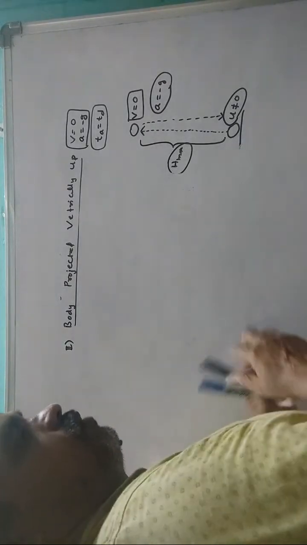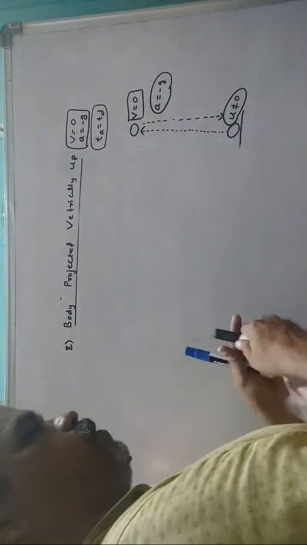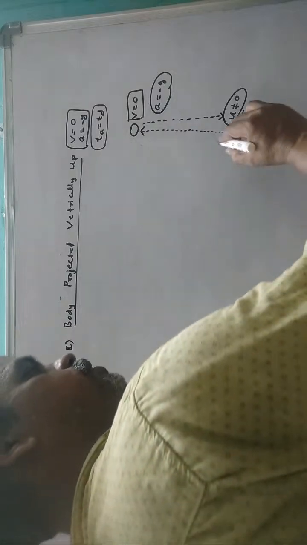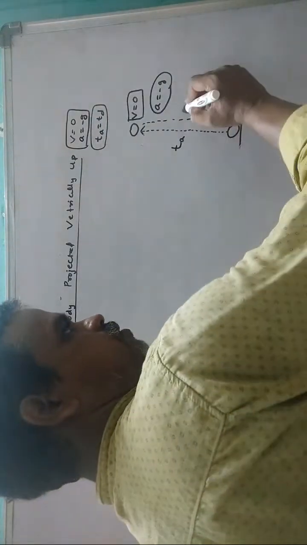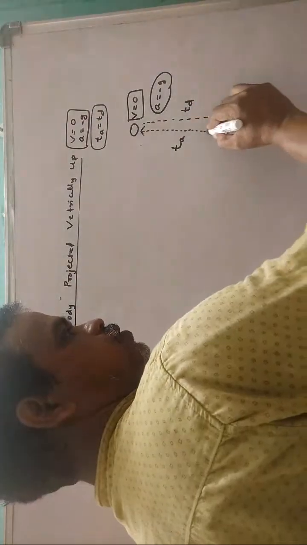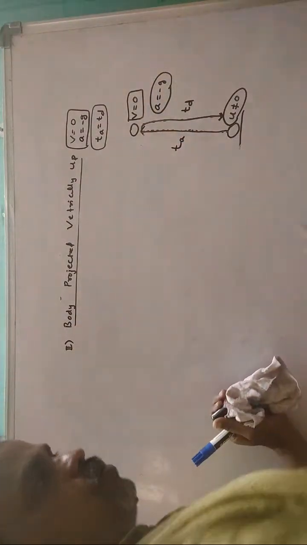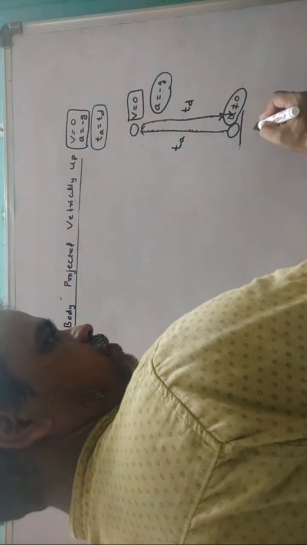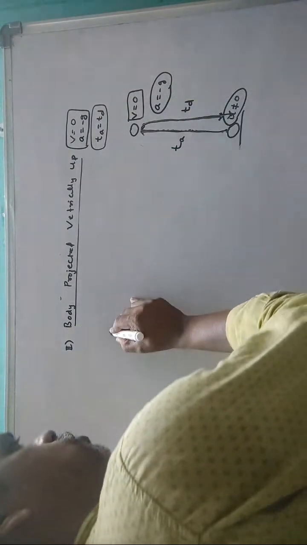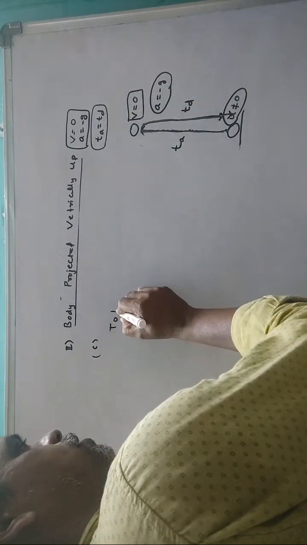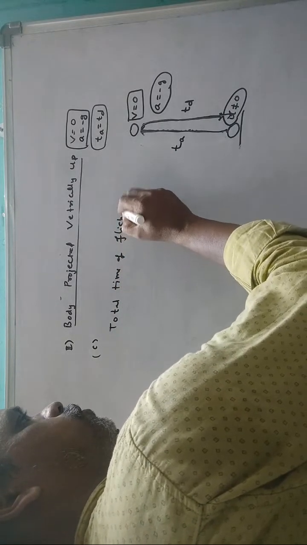Here, what happens? It is going up, time of ascent Ta. It is coming down, time of descent Td. So it is going up and coming down, reaching the same position. So this is time of ascent plus time of descent, the total time of flight.